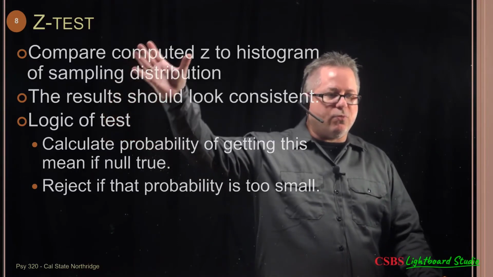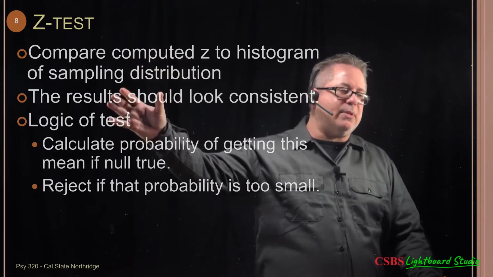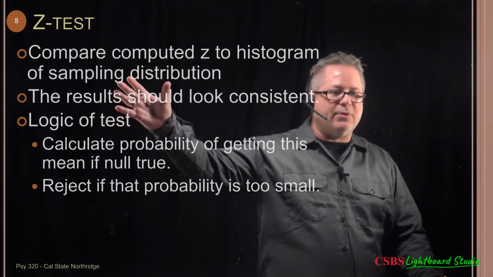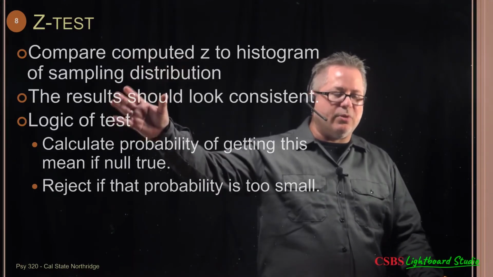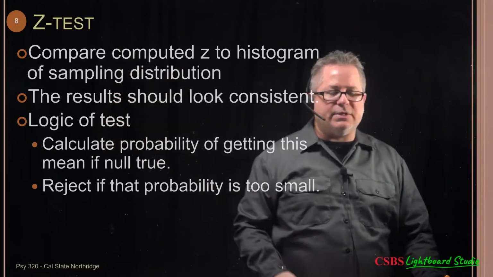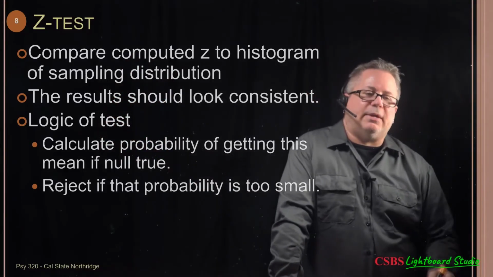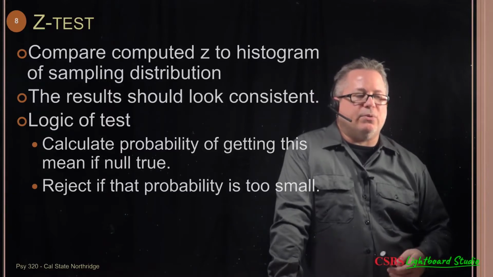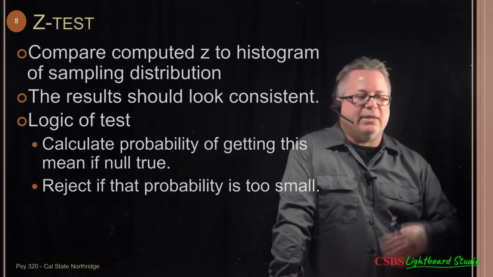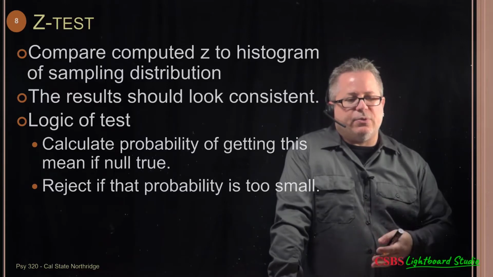So that's what this test does. It formalizes the process without having to do all the sampling. It takes you right to it and you're able to test it. The logic of the test is that we calculate the probability of getting this mean if the null is true. How likely is it to get our mean given that the null is true?